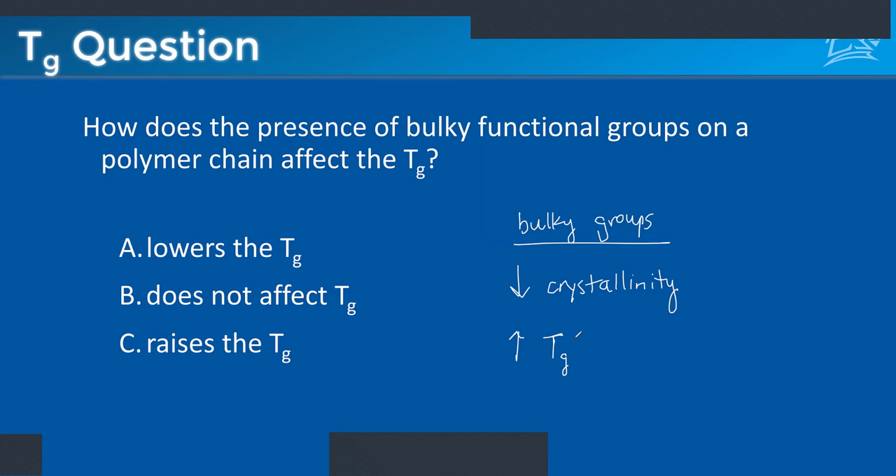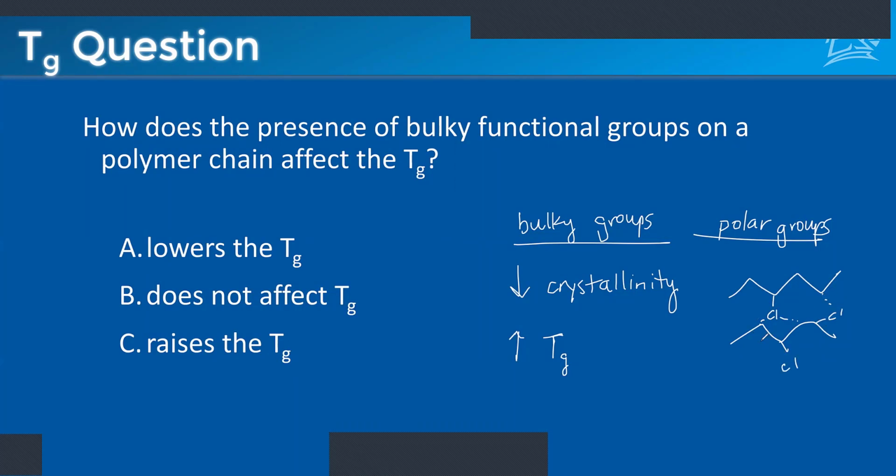Unlike with polar groups, just to compare and contrast real quick here, if you've got polar groups on your polymer chain, such as PVC, for example, polyvinyl chloride, if you've got chlorine, so here's two molecules, if you've got chlorine over here, everywhere else is hydrogens, you're going to get hydrogen bonding between the chlorine and hydrogens on adjacent polymer chains, for example.